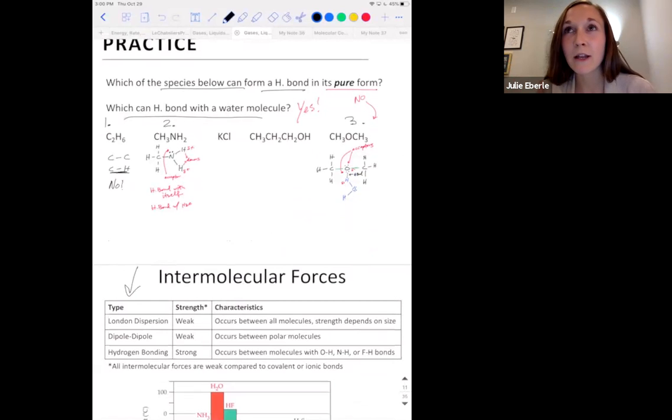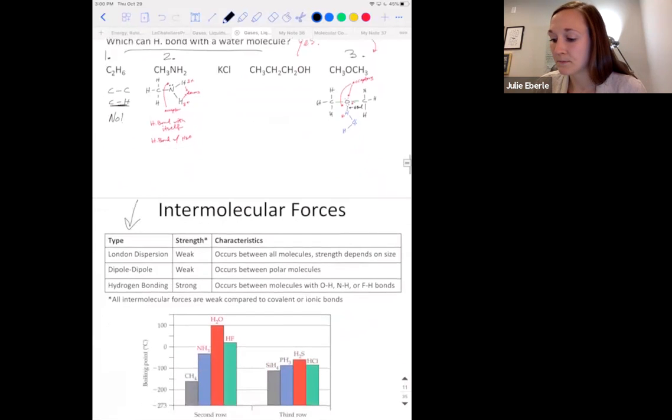And you can do that, even though we did not technically do a practice problem like that, by judging what kind of intermolecular interactions they have. The stronger the interaction, the higher the boiling point and melting point. The weaker the interaction, the lower the boiling point and melting point. So you could order things that way.